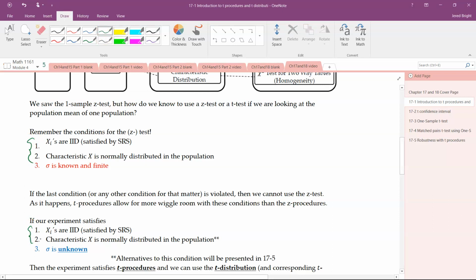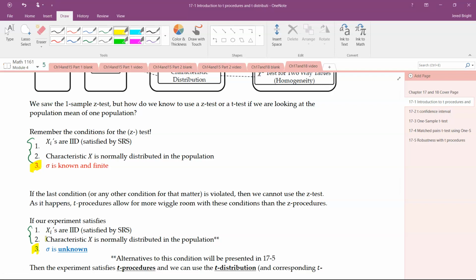The characteristic must be normally distributed in the population. That we have to discuss further in video 17-5. But the big thing here is that condition number 3 changes from sigma being known to unknown. So if we do not know the population standard deviation, that's where we have to do the t procedures.